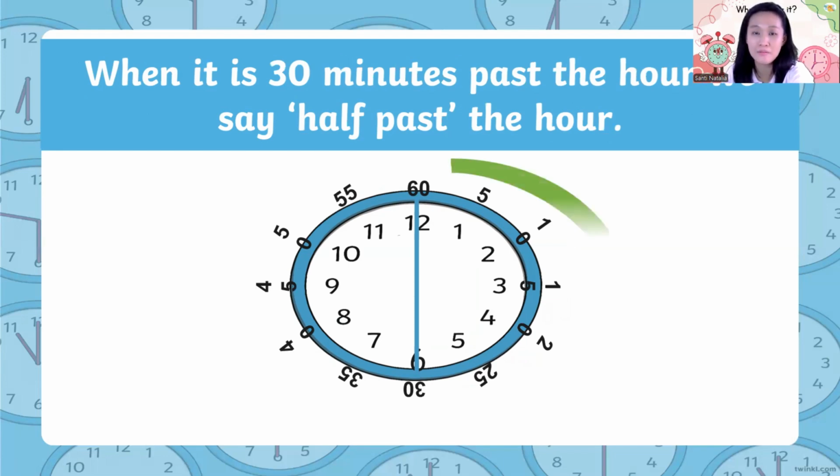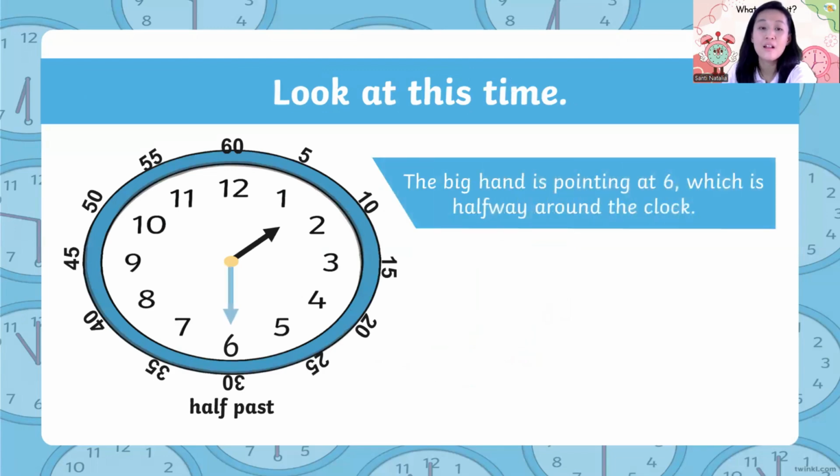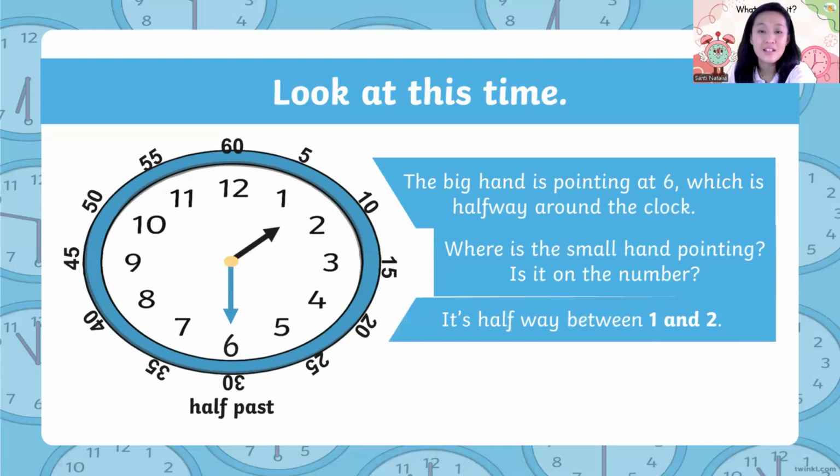For example, look at this time. The long hand is pointing at 6, which is halfway around the clock. And how about the short hand? The short hand is halfway between 1 and 2.